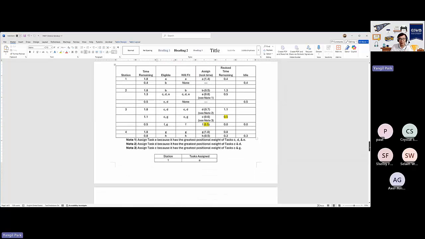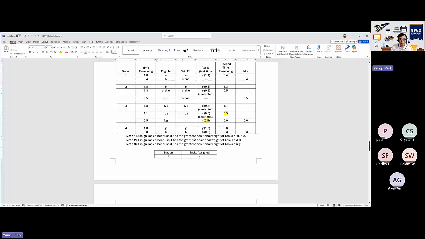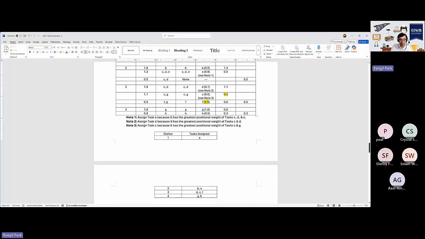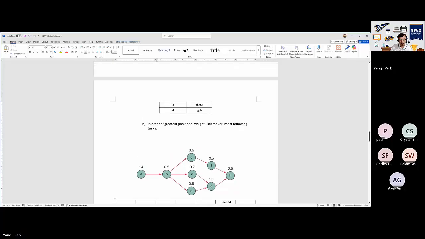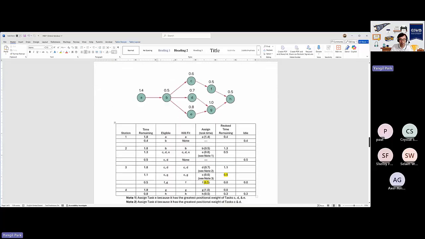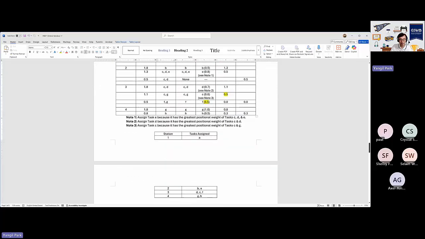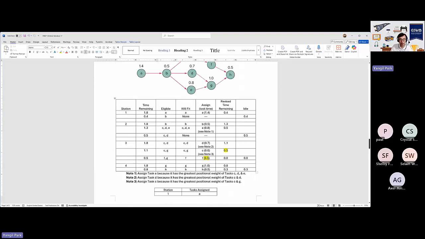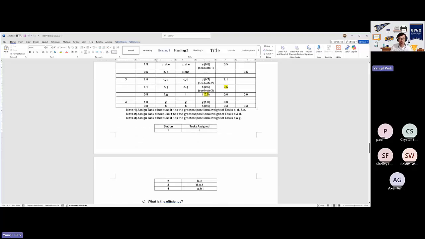Ironically, I think we have the same answer, is it not? Yeah, A, B, E, D, C, F, G, H. So that's how we come up with station 1A, station 2, station 3, station 4 with different tasks.